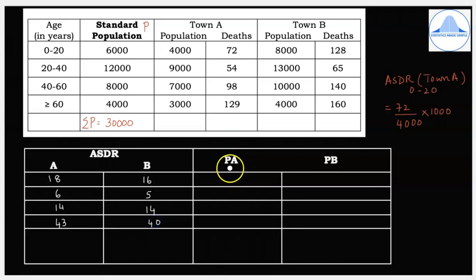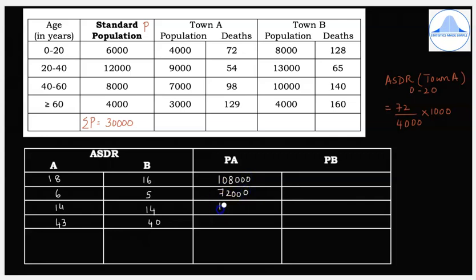The next step is to find out PA. That means the first standard population value for the age group 0 to 20 will be multiplied with the ASDR, that is 18. So 6000 into 18 will give 1,08,000. Similarly, the next one is 72,000.